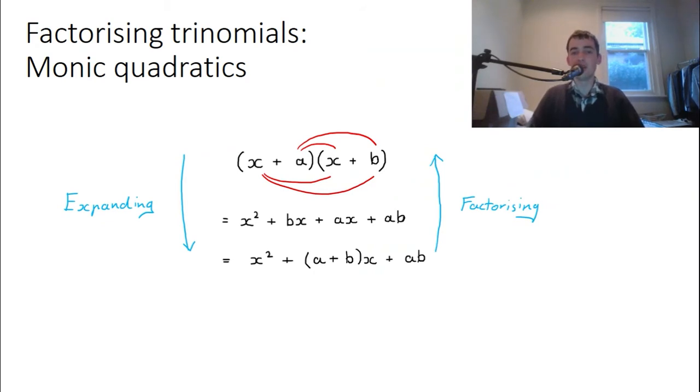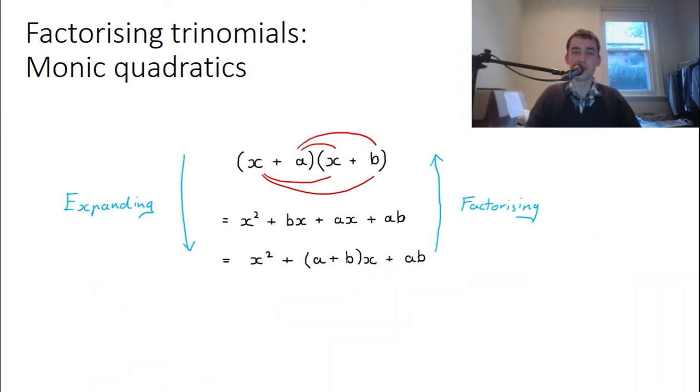Okay, now we're really using the fact here that expanding is the opposite of factorizing, and factorizing is the opposite of expanding. We're going to get to this particular example in a second, but first I need to show you what happens. When you factorize this, you're going to get 2 brackets, and there's going to be 2 terms in each bracket.